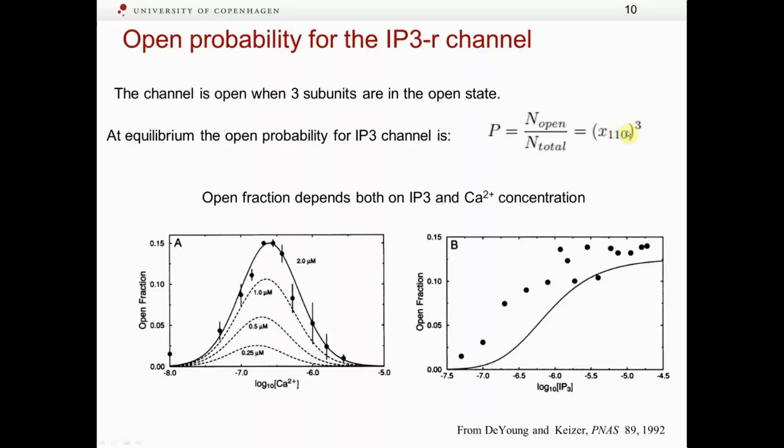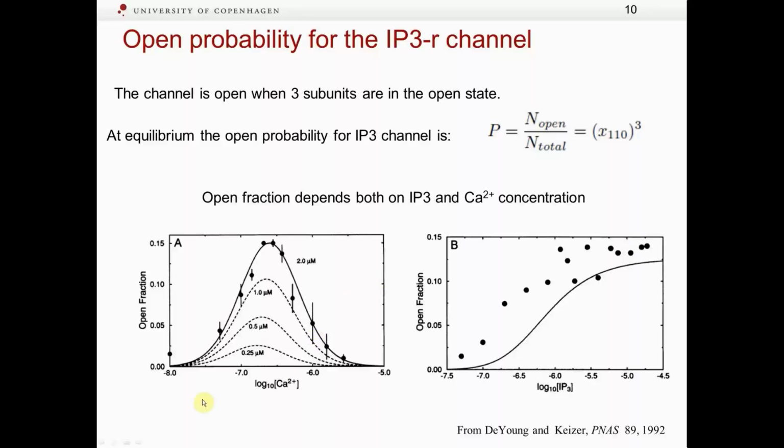Each subunit must then be in this state. Therefore, the probability of being in this state must be raised to the power of 3 in order for the channel to be open.